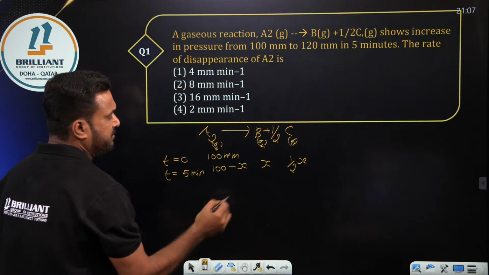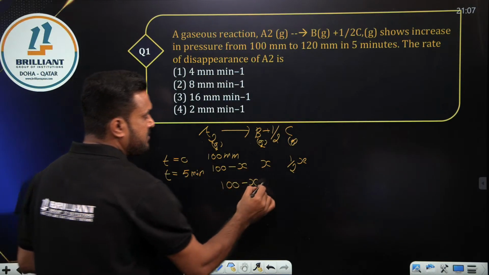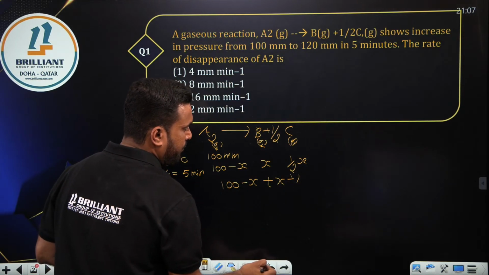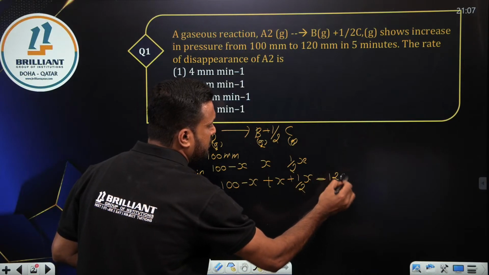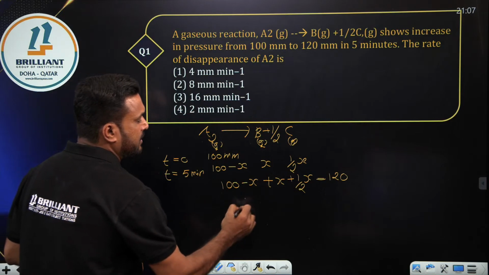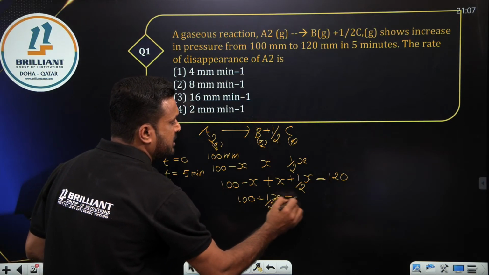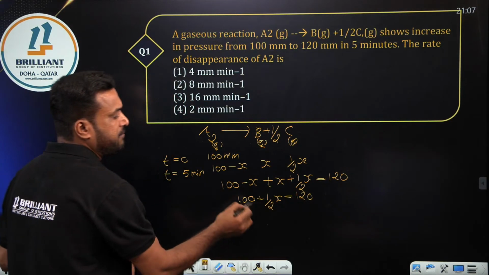So the total pressure we can write like this: 100 minus x, plus x, plus 1 by 2x is equal to 120. Understood? So minus x plus x will be 0, then 100 plus 1 by 2x is equal to 120.